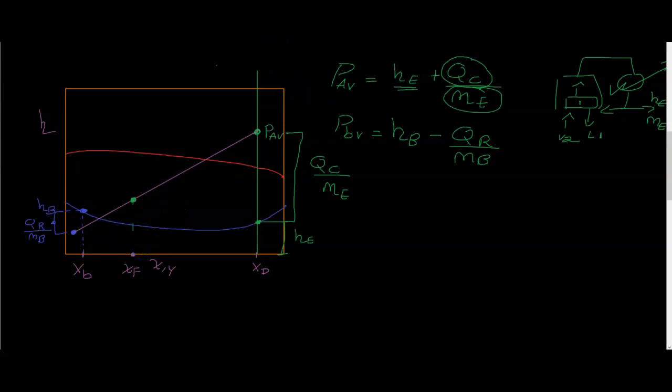Okay. Knowing that, we need to know as well that now is where the lever rule plays a role. So this distance, the entire distance from here to here, we can call it the enthalpy of P minus the enthalpy of E or R or whatever here, right?